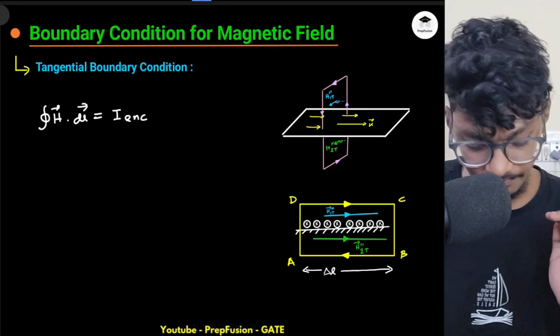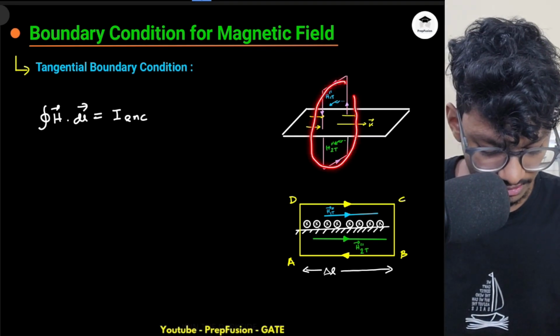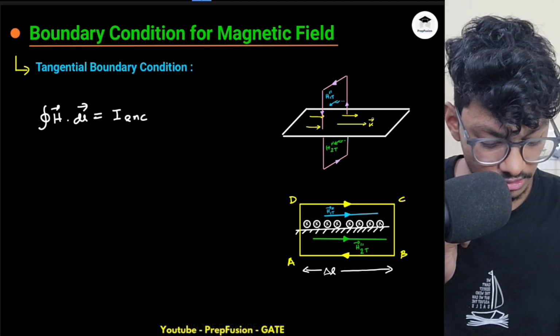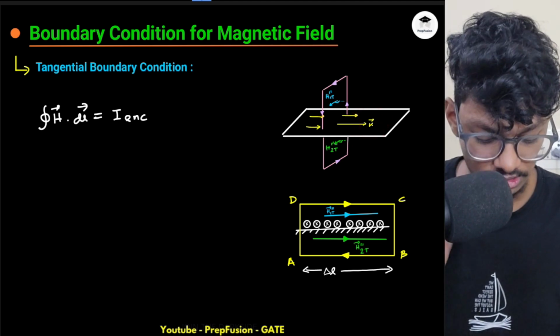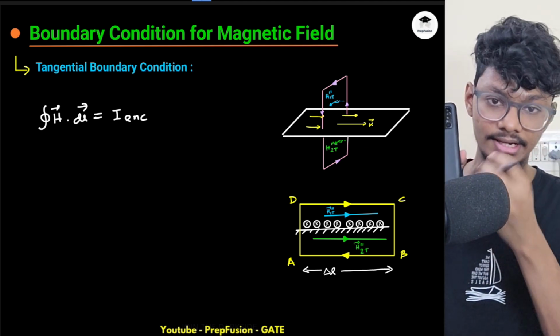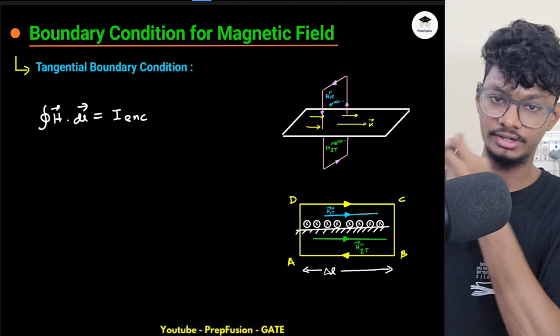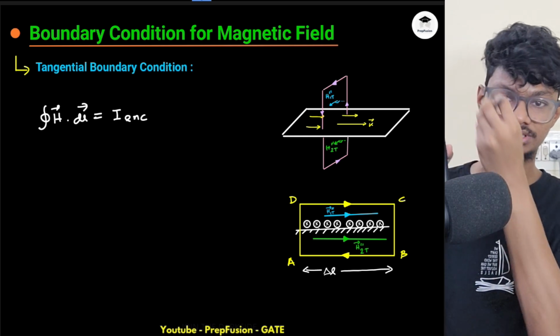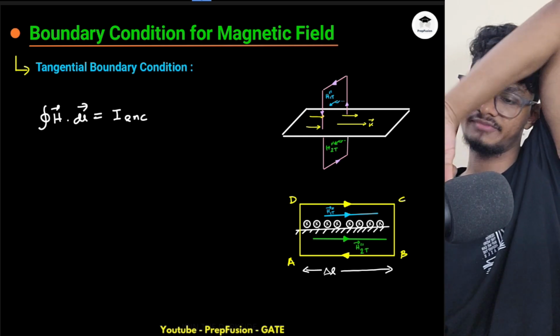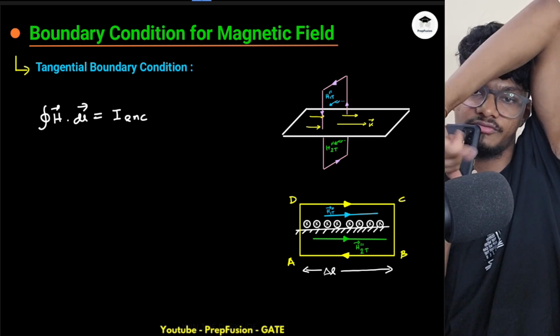So first of all, we will assume our orientation of this Amperian loop. Now I have taken the Amperian loop that is perpendicular to this K. So what is the configuration now? The Amperian loop is this, and the current is flowing into this surface and flowing out of this. So I will just curl my fingers, and my fingers will point outwards.